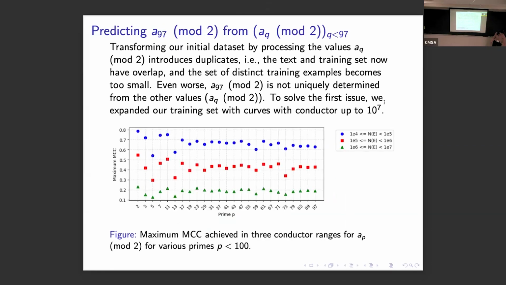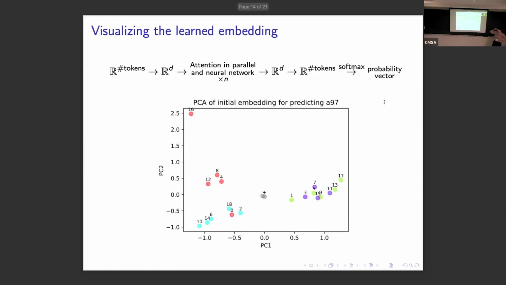Let's see. So this was for mod 2. We also saw that it seemed like it was predicting things pretty well mod 4. It kind of includes the information mod 2 in the mod 4 reduction. But something else, as we were visualizing, especially the initial embedding, so that's when it learns how to group the different tokens near each other.